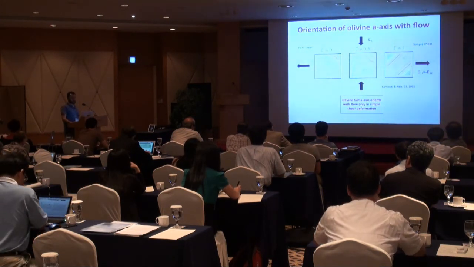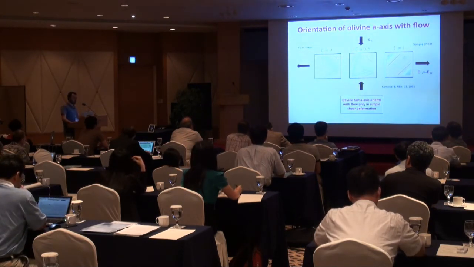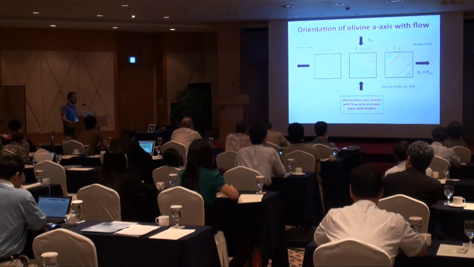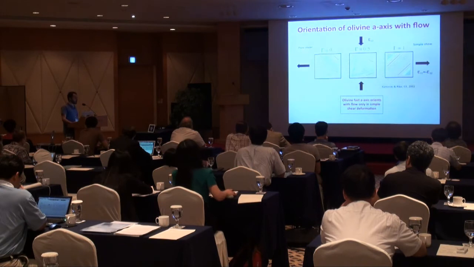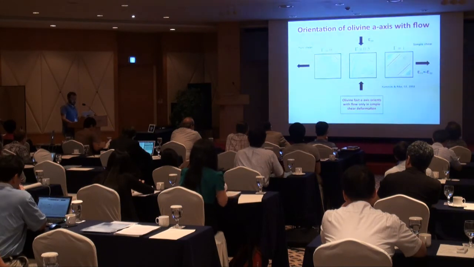Of course, you can argue that on the Earth, where you have convection that is bounded by the above and the bottom, simple shear deformation is the most common type of deformation. But this is not always the case, especially at subduction zones, as we will see.